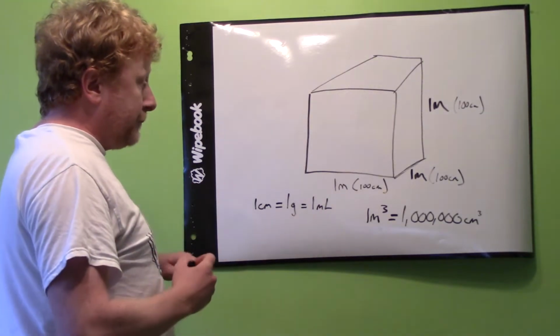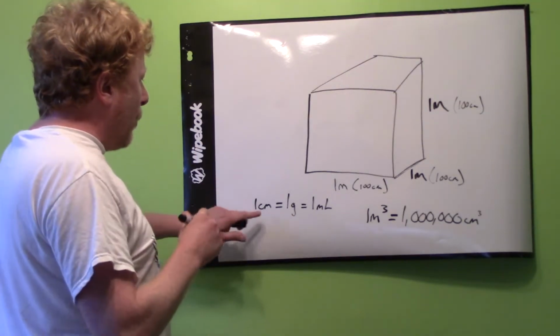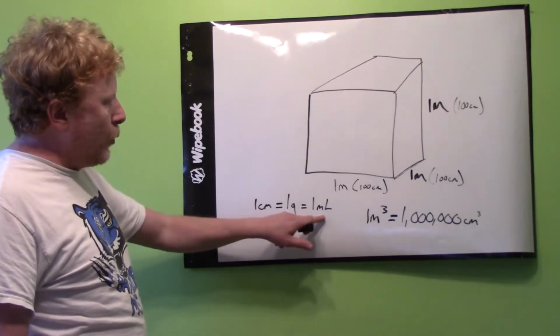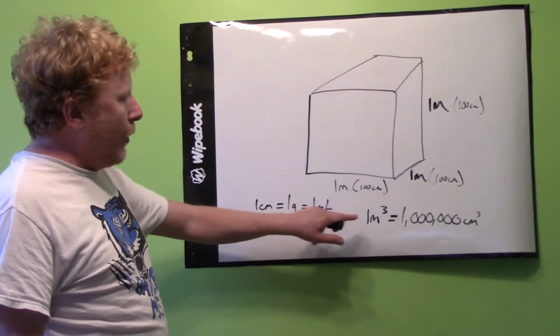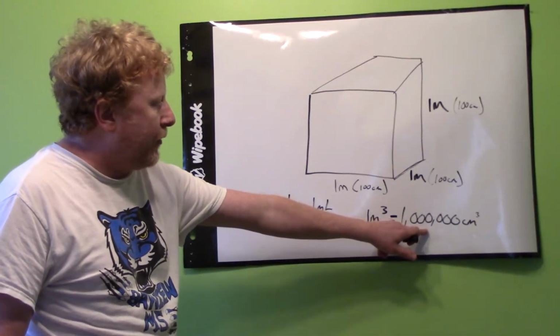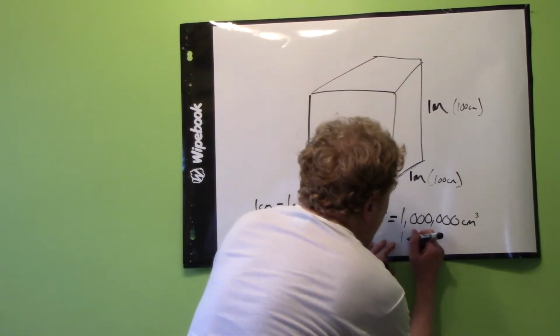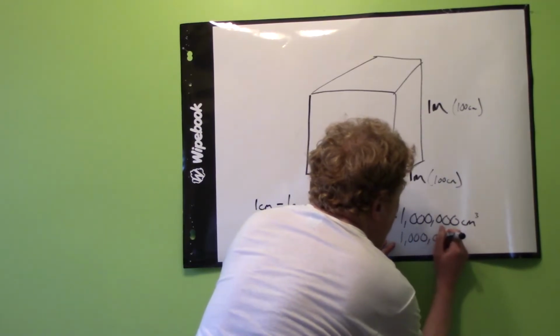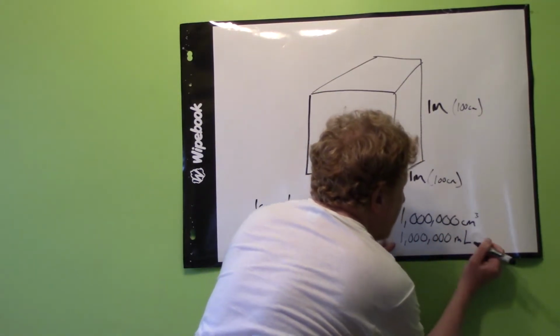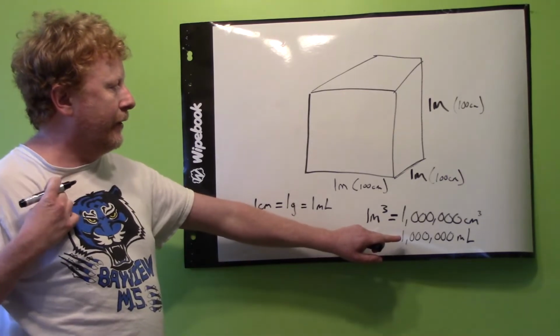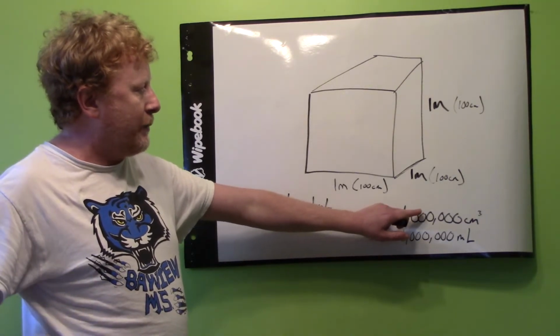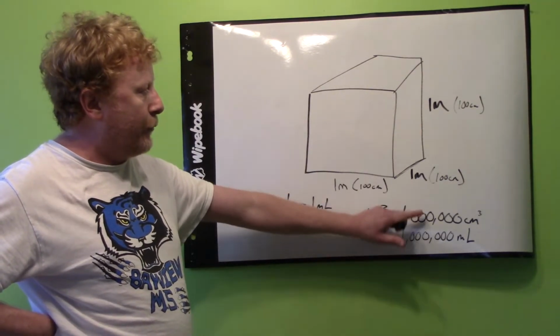Okay? So now we know that 1 cubic centimeter equals 1 milliliter. So if I convert this into milliliters, I can just say it is equal to 1 million milliliters, because 1 milliliter equals 1 cubic centimeter, so these numbers stay the same.